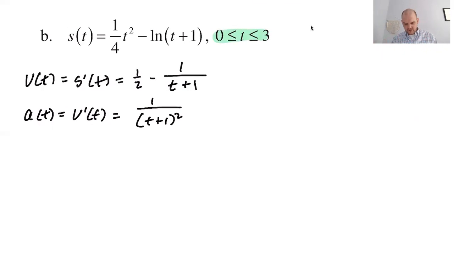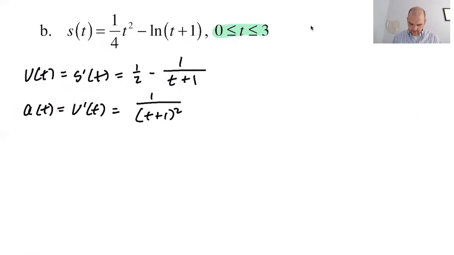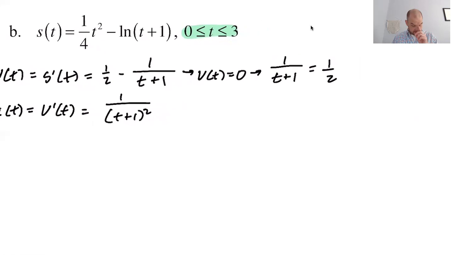The interval is only from 0 to 3. So we need to figure out when this thing turns around. I need to know when v of t equals 0. That would mean 1 over t plus 1 equals 1/2. The only time that's going to happen is at t equals 1.